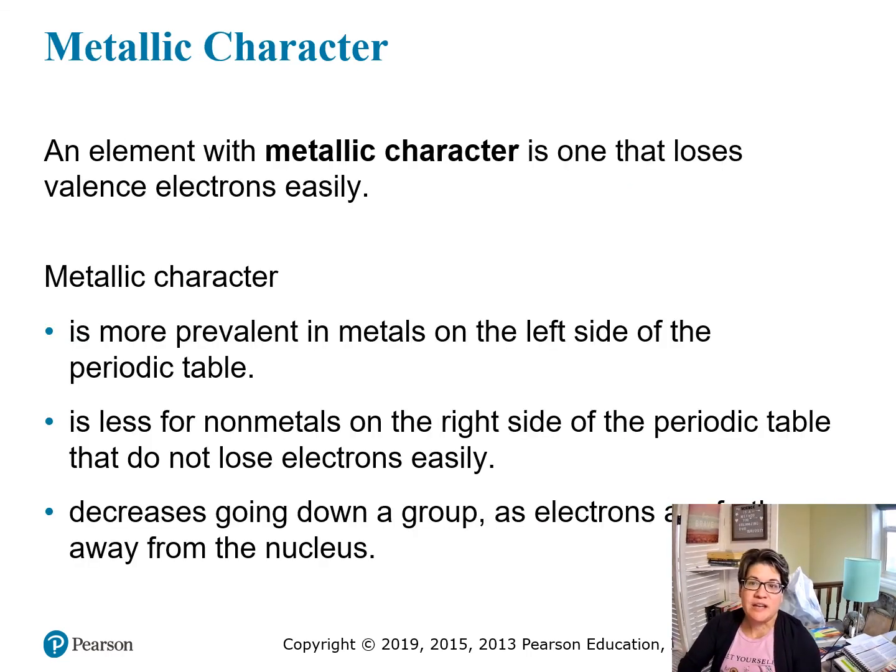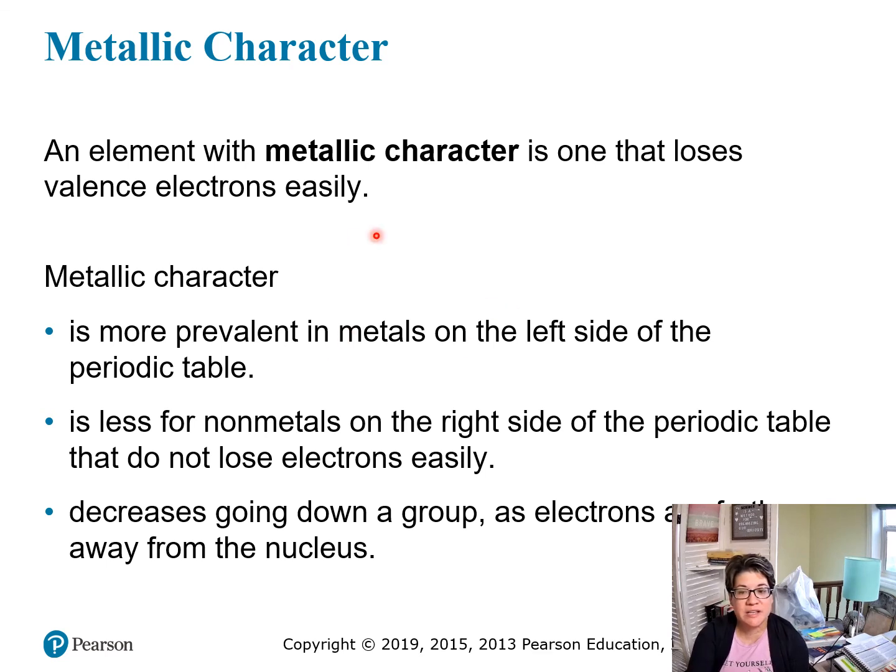Metallic character is another characteristic that we can look at. And if it has metallic character, that means it's going to lose its valence electrons easily. So those that are alkali metals in group 1 are going to have a pretty high metallic character because they're going to easily lose their electrons, and then nonmetals are not going to have a high metallic character.